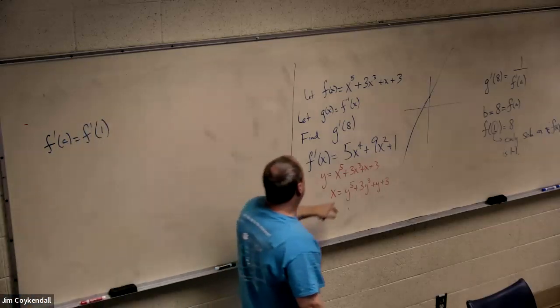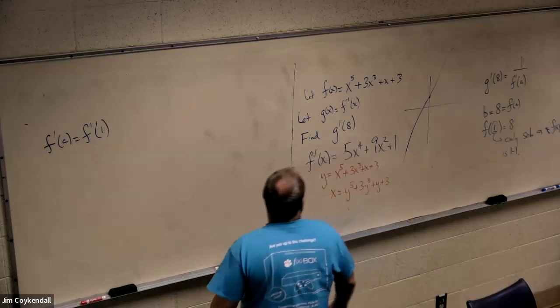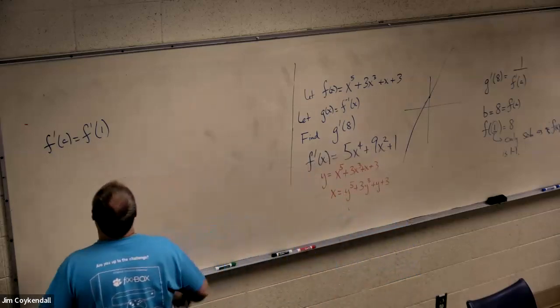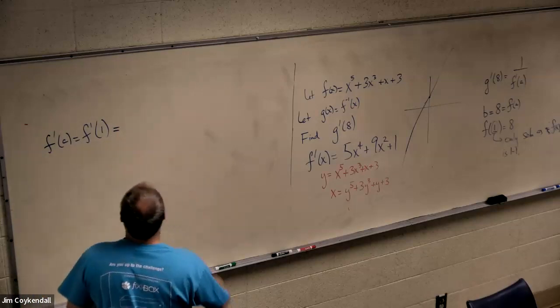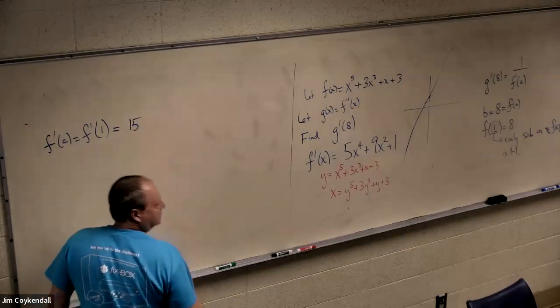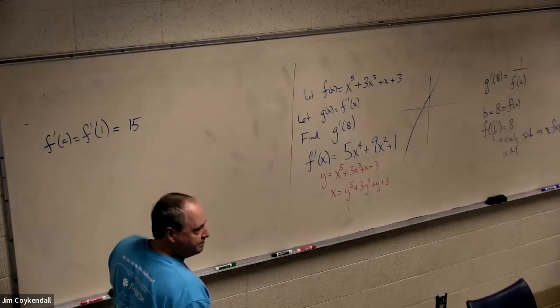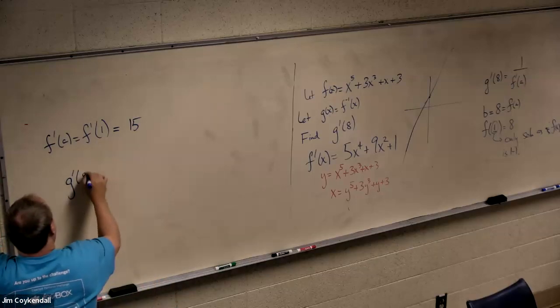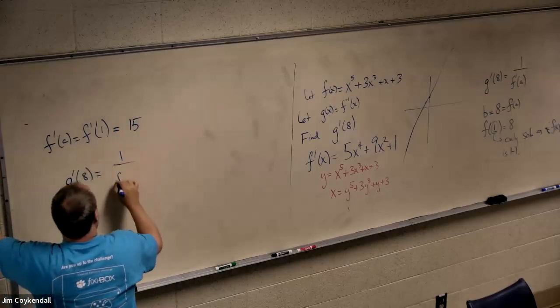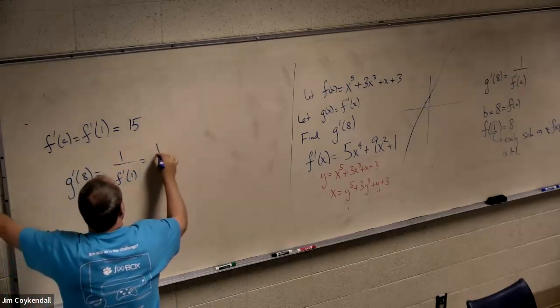And what was that derivative? It's this thing, which is what? It's like 15, right? So g prime of a is 1 over f prime of 1, which is 1 over 15.